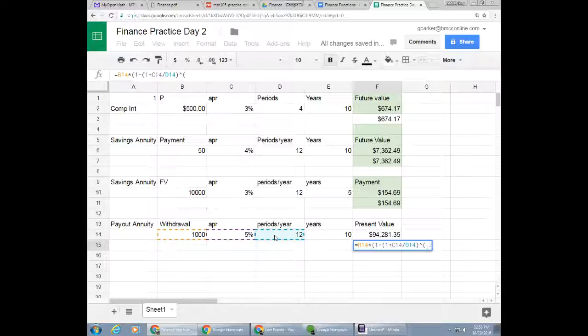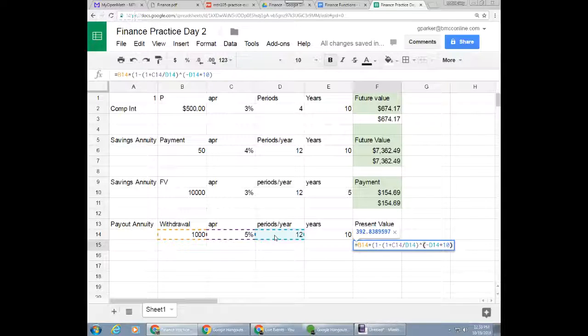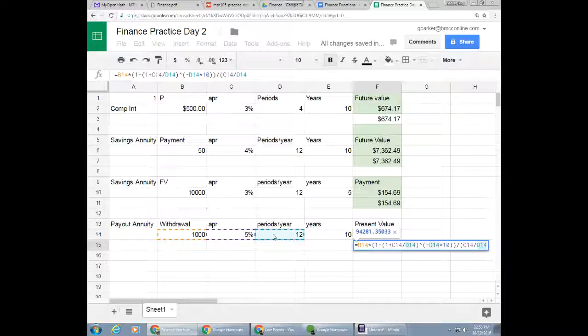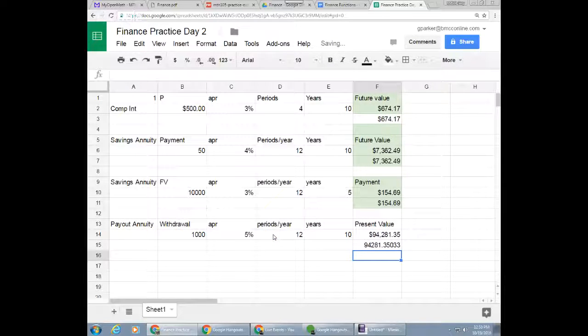So my power has to be a negative 12 times 10 or 10 times 12, whichever you like. Close that, close the numerator, and then I can divide by the periodic rate, which is 5 over 12. And then I should get the same number, but not rounded. Yes, nice.